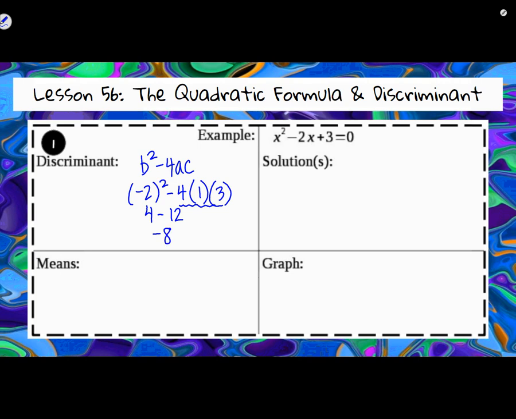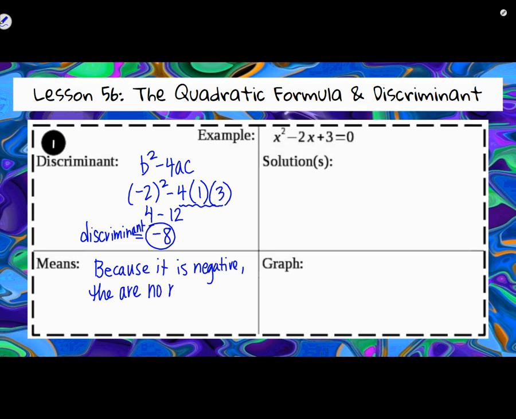This is the discriminant. The discriminant is a number. The discriminant tells us that it's negative, so because it's negative, there are no real solutions.